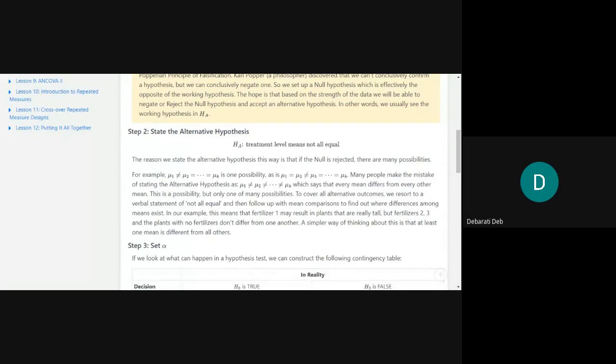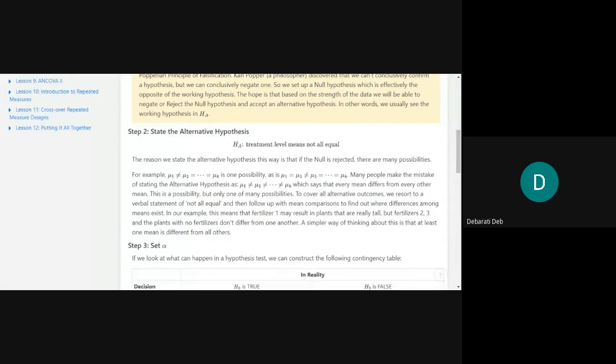That's the reason that we are saying that one case can be the mean height of the first group of plants is unequal to the mean height of the second group of plants. But this mean height of the second group of plants can be equal to all the other means of the other groups of plants, where different k types of fertilizers are being applied. K means 1, 2, 3, several numbers. It can be 10, 20, 30, 40 like that.